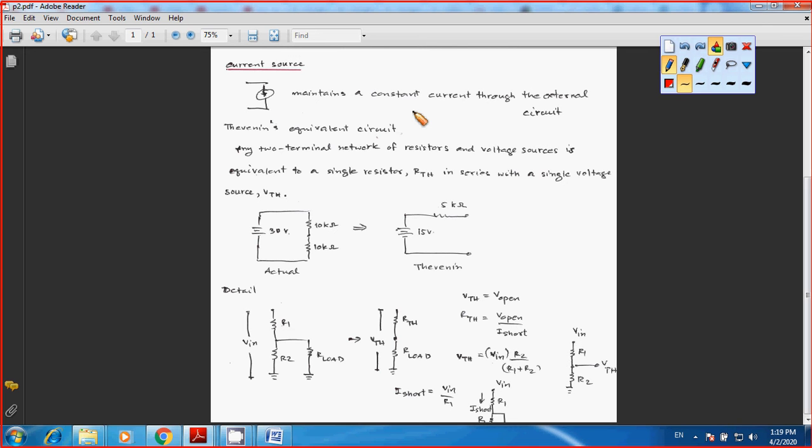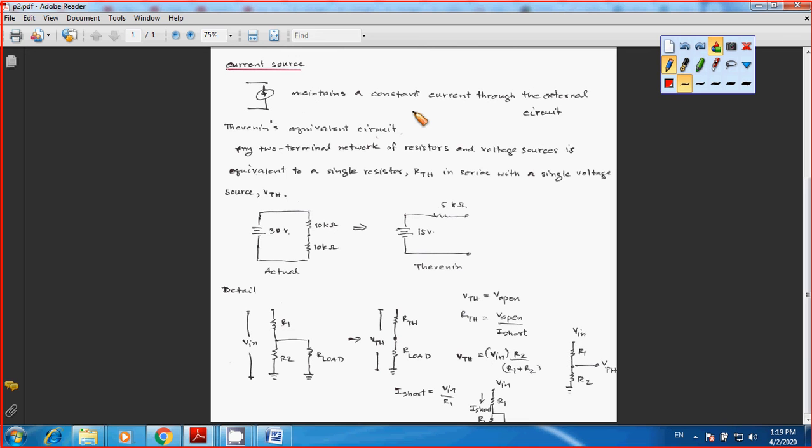It makes it easier for you to convert that kind of more complex circuit into a simpler circuit. What I mean is that we want to convert the supply voltage circuit to have only one supply voltage connected in series with only one resistor.